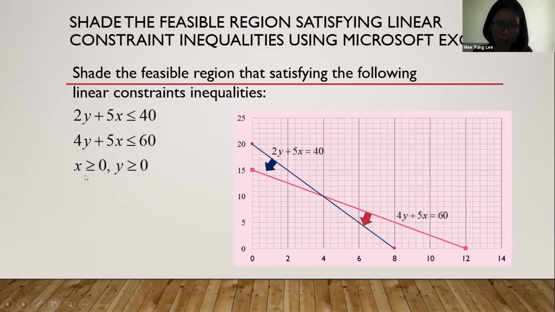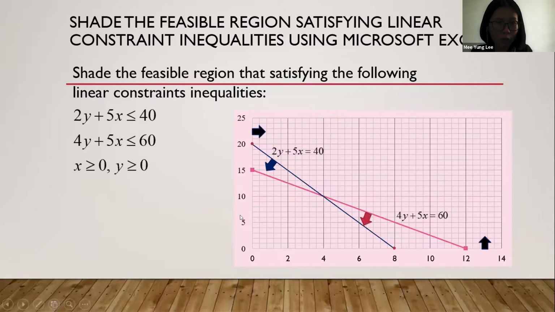And then for the third and fourth inequalities, we have different inequality symbols, bigger than or equal to. For x bigger than or equal to 0, meaning the area is above the y-axis. Okay, and then for y bigger than or equal to 0, meaning I would like to have the area above the x-axis for this constraint.